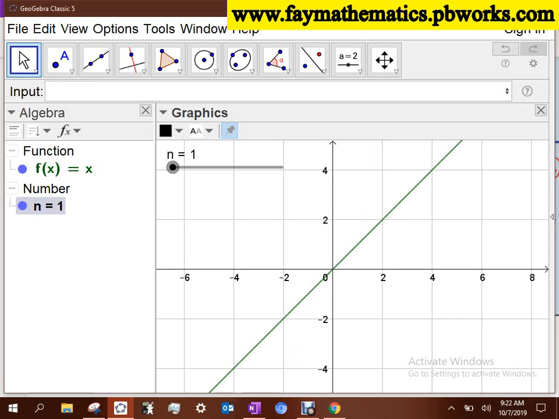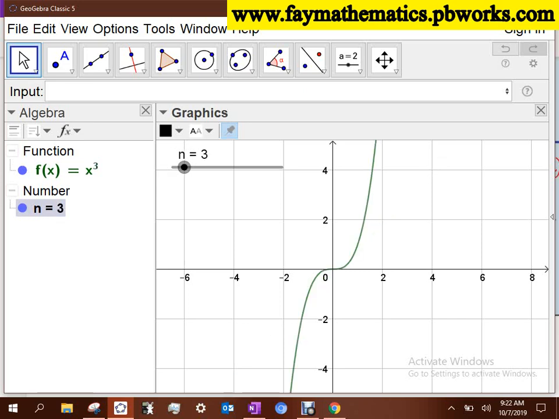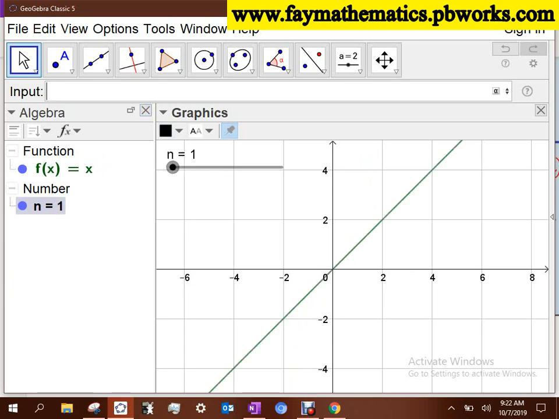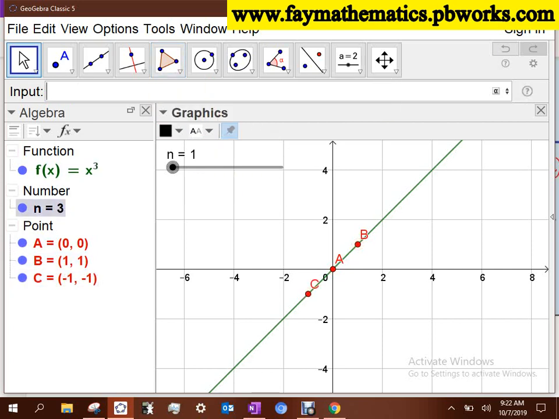So this is x to the first. I'm going to make it then x to the third, and then x to the fifth, and x to the seventh. Do you see some similar relationships here? Do you see, if I put the point (0, 0) on here, (1, 1), (-1, -1), are those points on each of these odd power functions? Does that make sense? Okay, very similar relationships, right?